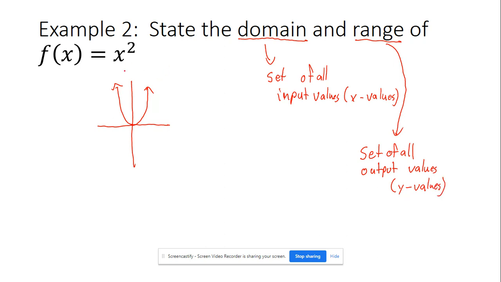Okay, so in this case, if you look at this graph, it keeps going forever to the left and forever to the right. Here's how we're going to write our domain. We're going to use set notation for this. I call these fancy brackets, or braces, what we use for set notation, and this could be a bit of a review from Math 10.